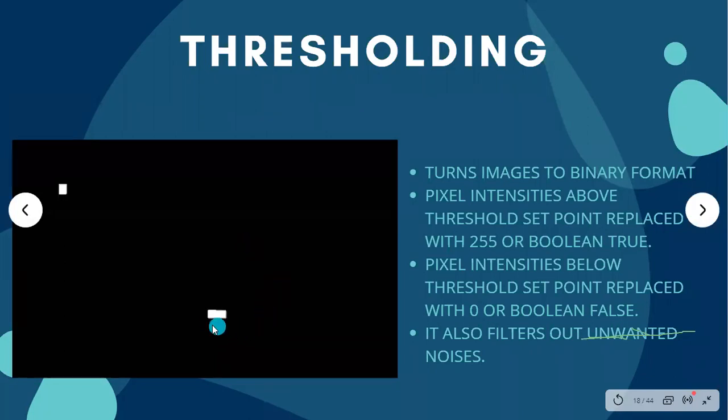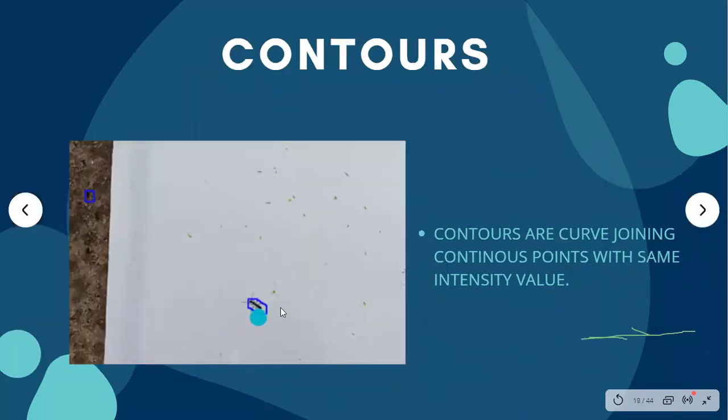Contours find out the borders of these white pixel intensity values. If I apply contours, I will get two contours, contour 1 here and contour 2 here.